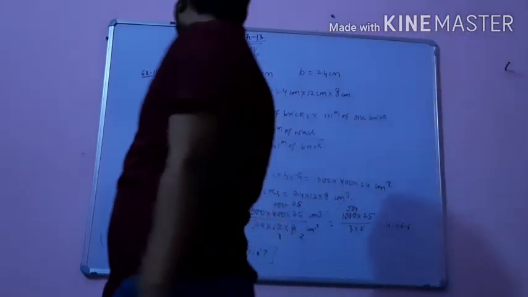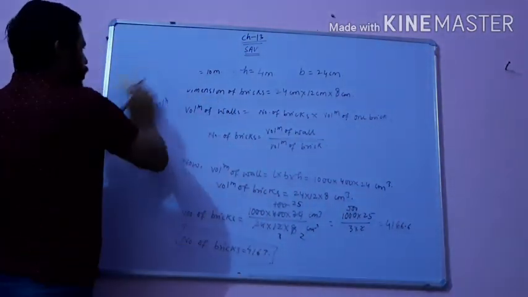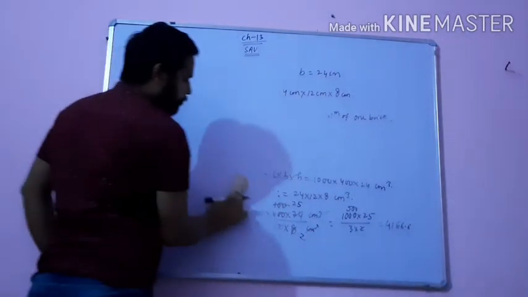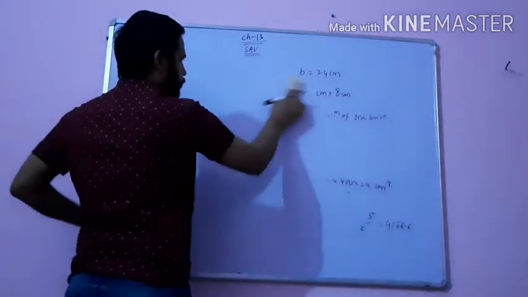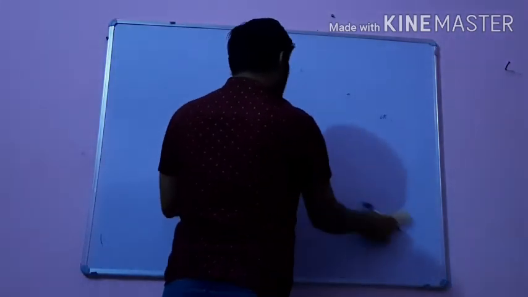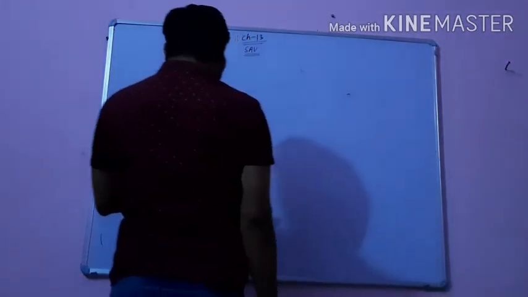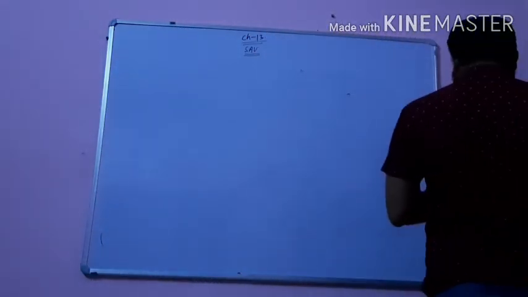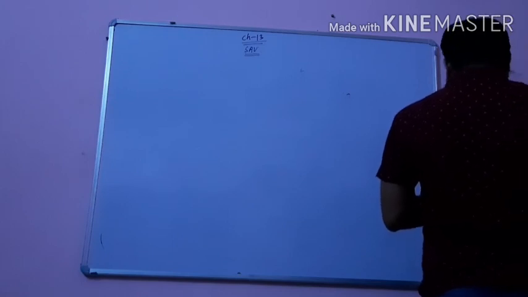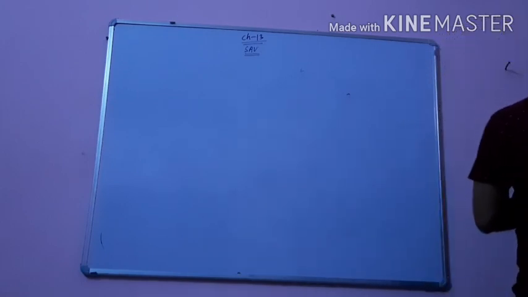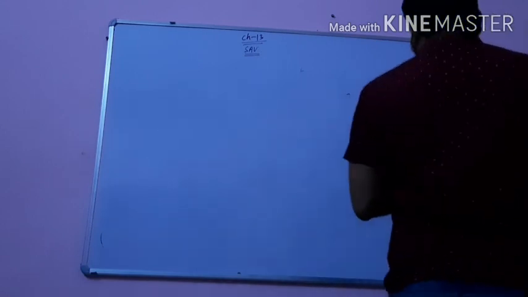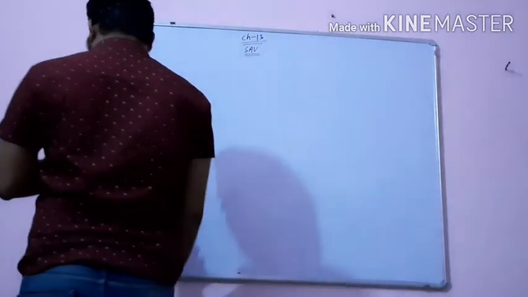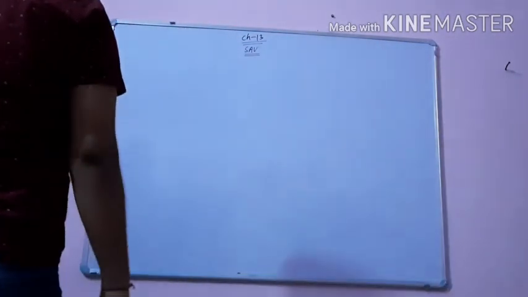Now we will see example number 2 related to this exercise. Read the example. Example number 12. In example number 12, a child is playing with building blocks which are the shape of cube.